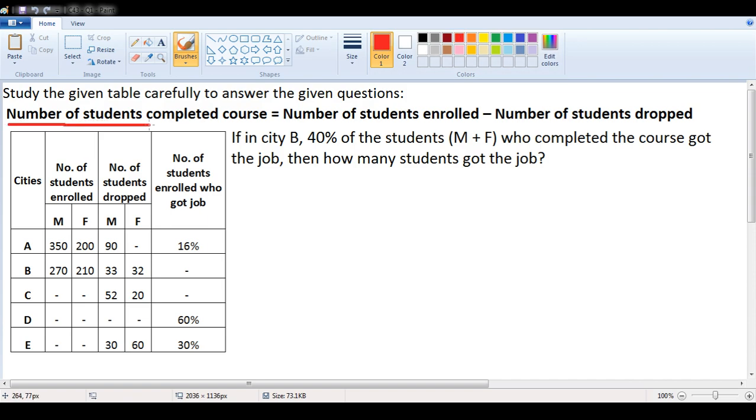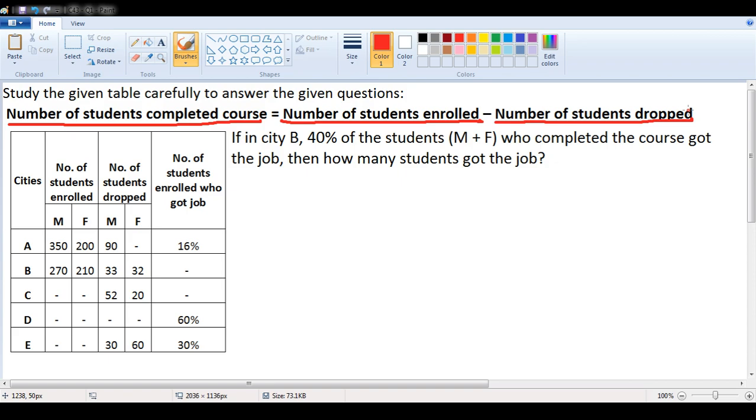Number of students who completed the course is defined as number of students enrolled minus number of students dropped out. From enrolled students, if you remove the dropped out students, you get the students who completed the course, right? There are 5 cities A, B, C, D, E in the table.